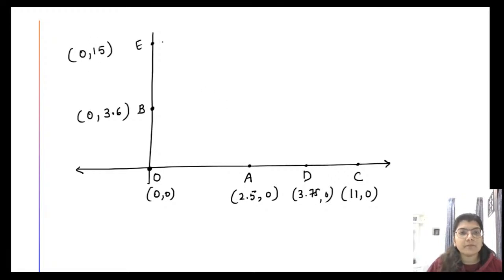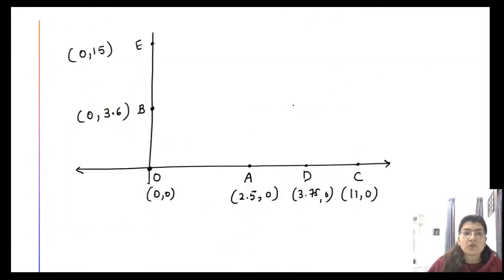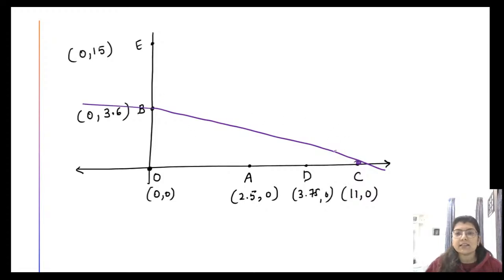Now I have to make the boundaries. So if you see, B and C are part of which line? x plus 3y. So I will make a line and they both will join B and C. So the line will be somewhat like this. Okay, so this is the line, and this line is x plus 3y equal to 11.